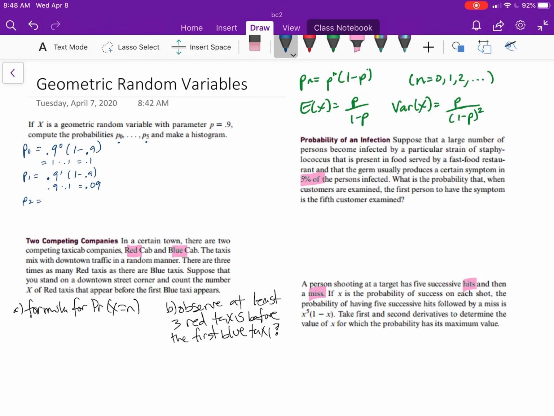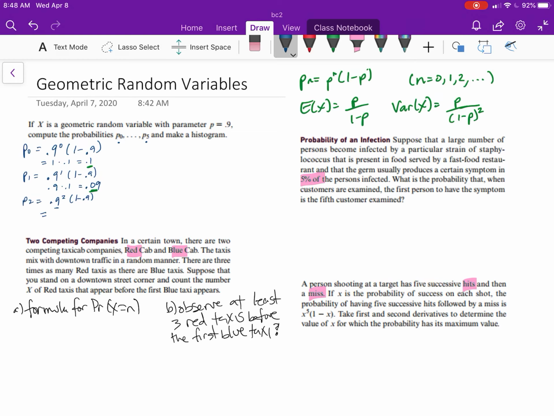Notice that as we go, what's changing? We have this extra p, right? The extra 0.9. The 1 minus 0.9, the 0.1, right? That's not changing. So all in all, what we can do is take this previous result and just multiply it by the p, which is 0.9.